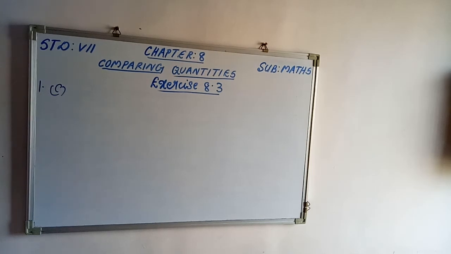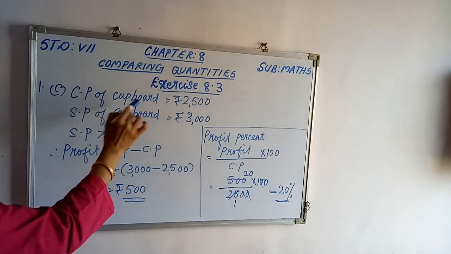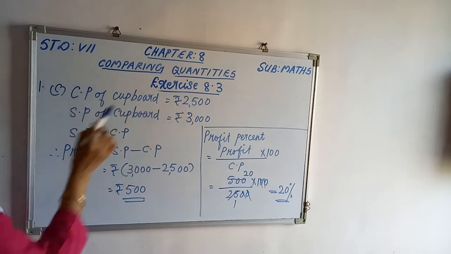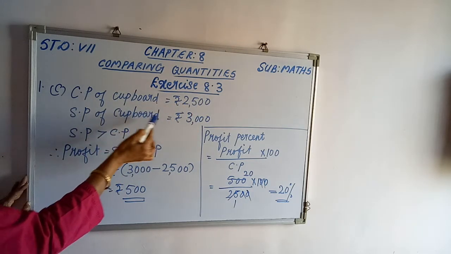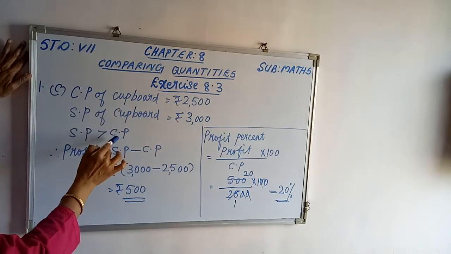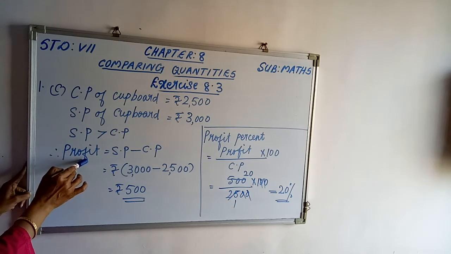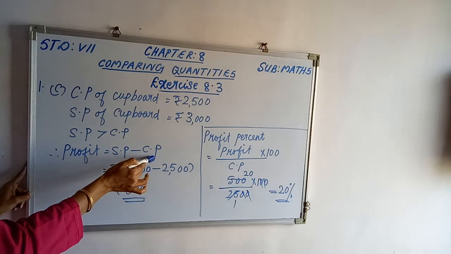Now see. A cupboard bought for rupees 2,500 and sold at rupees 3,000. First write the cost price, selling price, and then find out whether it is profit or loss. See, cost price of cupboard rupees 2,500, selling price of cupboard rupees 3,000. So here selling price is greater than cost price. So how will you find out the profit? Profit is equal to selling price minus cost price.